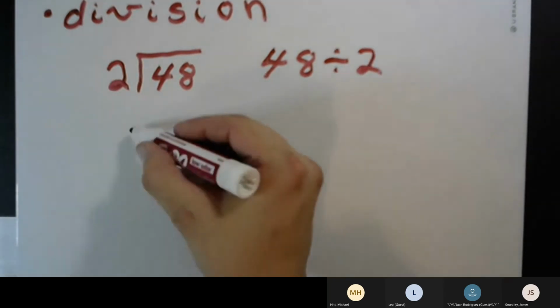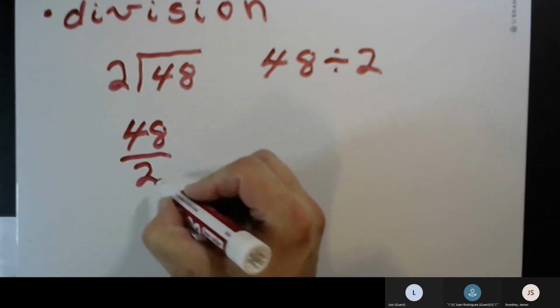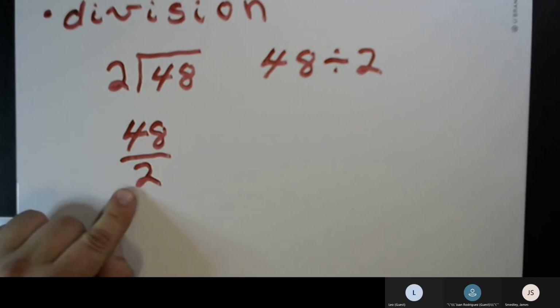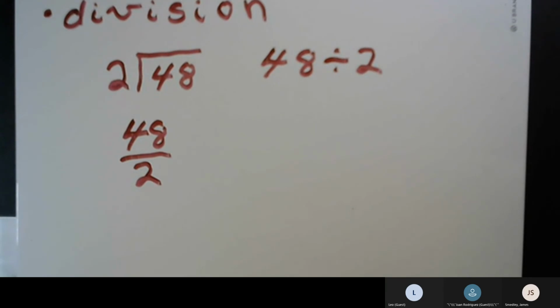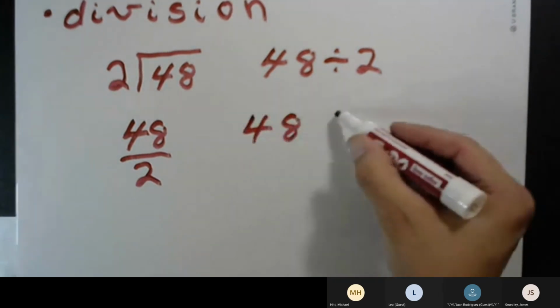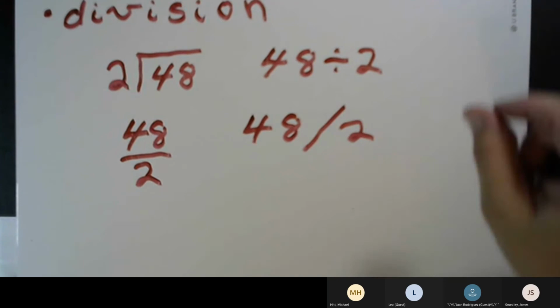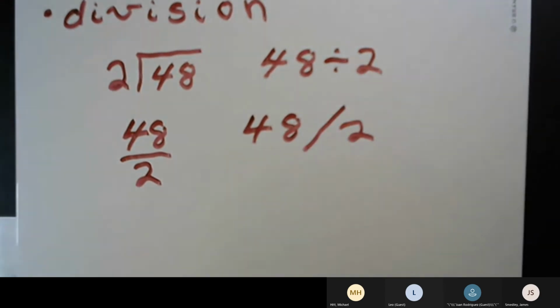But you're also going to see division written as a fraction. And we've talked about this before, that division and fractions mean the same thing. So this could be 48 halves, or it could mean 48 divided by 2. Also, you'll see it written like this sometimes. That can also mean division in algebra. So questions about that?